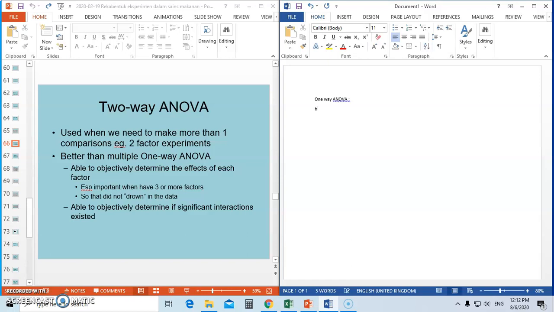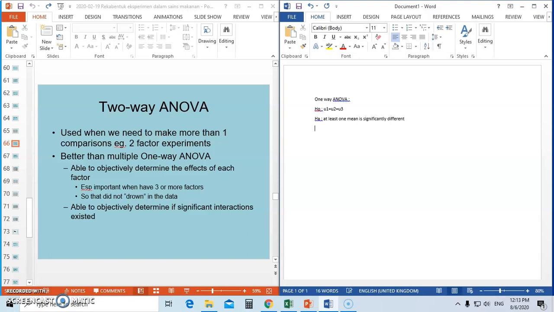We have the H naught, the null hypothesis: for example, mu1 equals mu2 equals mu3. And for the alternate hypothesis, we have at least one mean is significantly different.